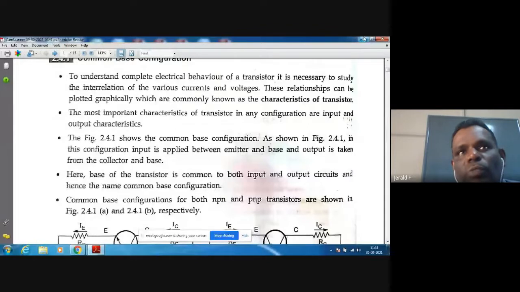The input should not be constant; the input level is varied and the corresponding output level is noted. The voltages and currents are calculated. These are called the input and output characteristics of any configuration.